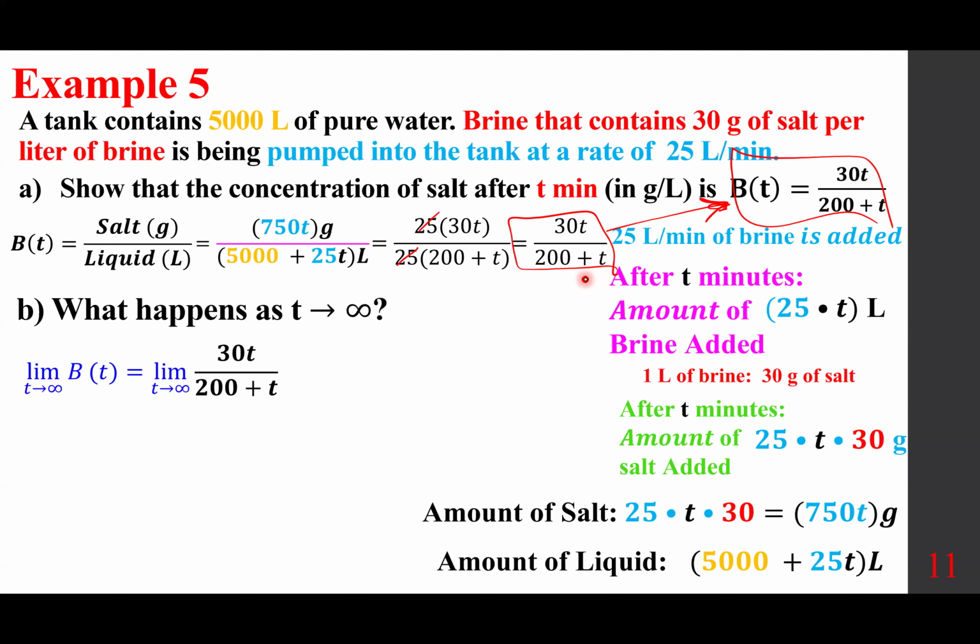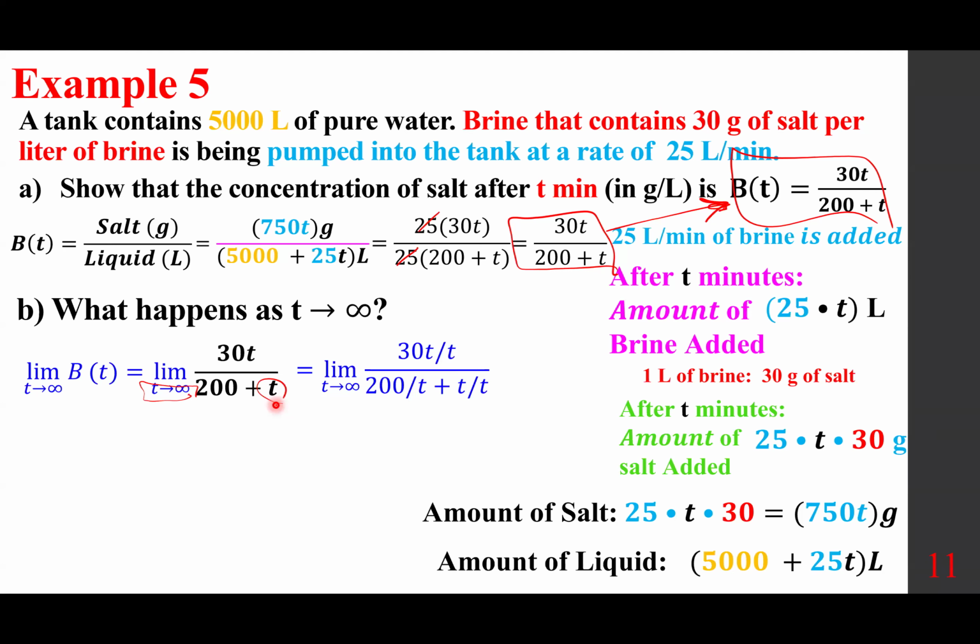We have a rational expression, and t is approaching infinity. Since t is approaching infinity, we divide by the highest degree term in the denominator, namely t. Divide everything by t and simplify.